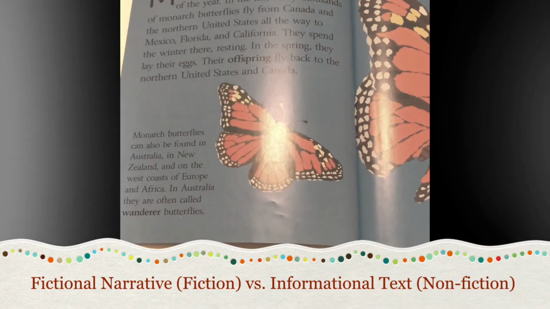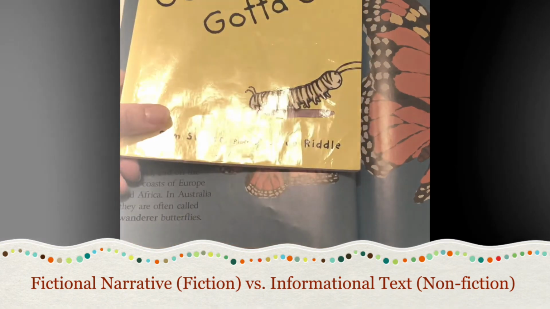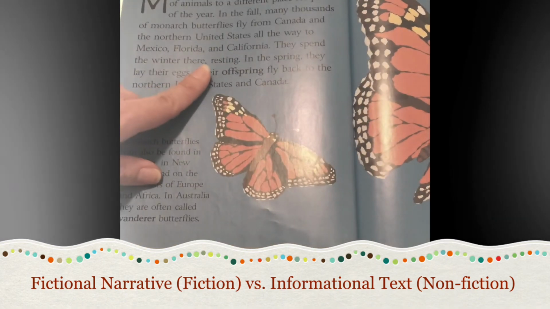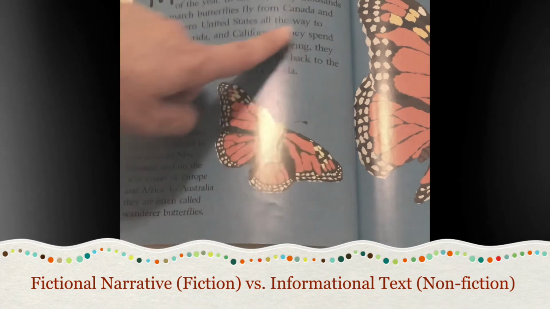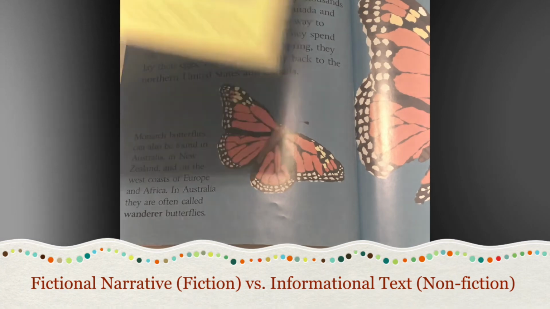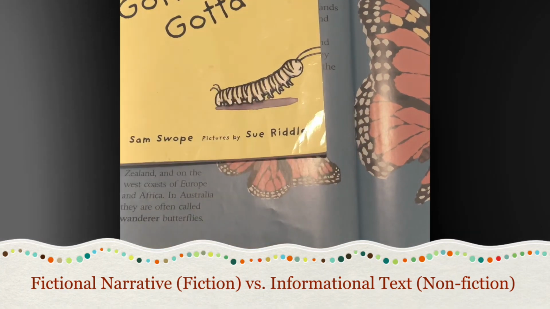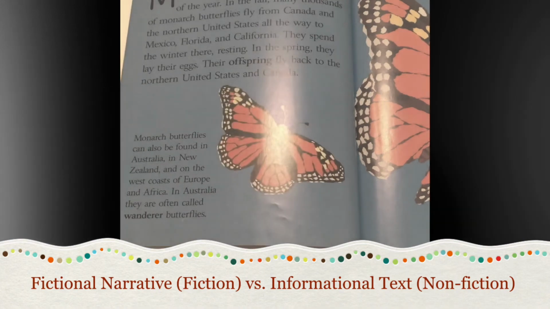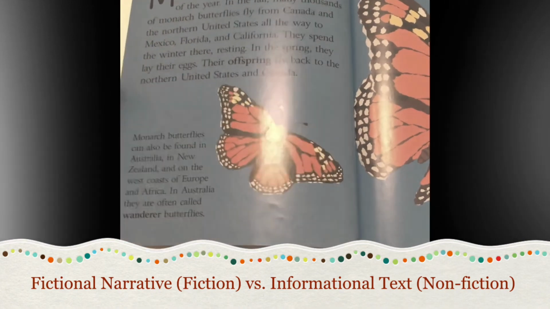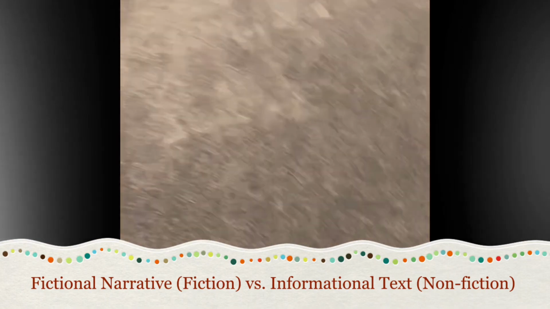Did you just hear something that reminds you of the other text? Yes, it mentioned that the butterflies, real butterflies, they fly all the way down to Mexico, Florida and California. In this text, it was telling us that the caterpillar was saying she had to go to Mexico. Oh my gosh. I'm thinking something absolutely crazy. Are you thinking the same thing?